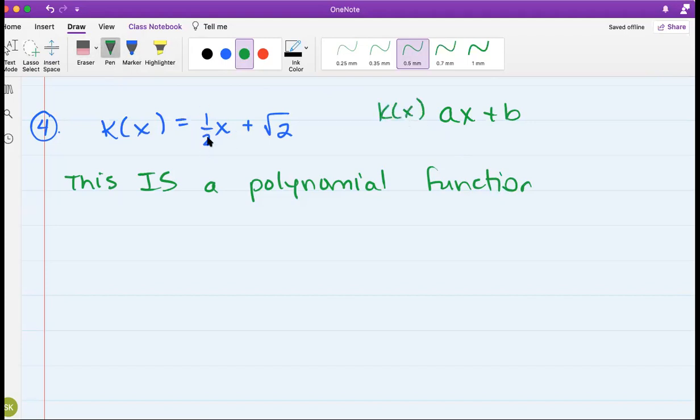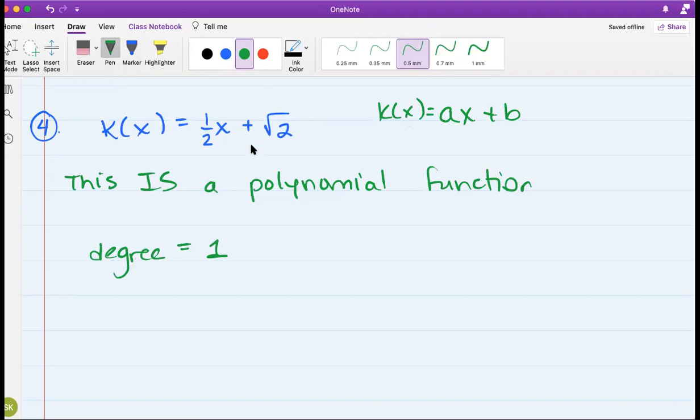So the slope here is 1/2, and the y-intercept is the square root of 2. 1/2 and square root 2, they are real numbers. And this power on the x is 1. So the degree here is 1. And I could put this square root 2 here, as long as these coefficients are real numbers.